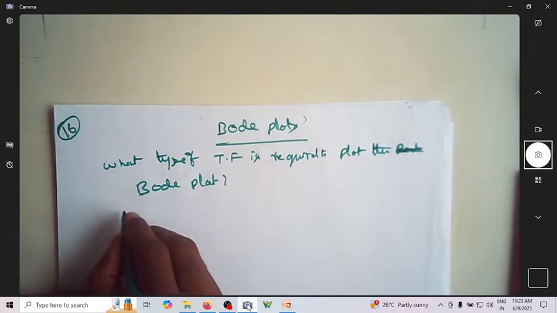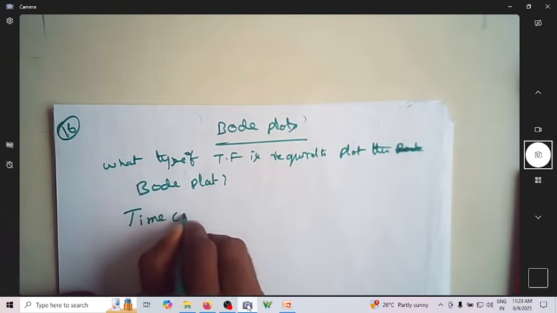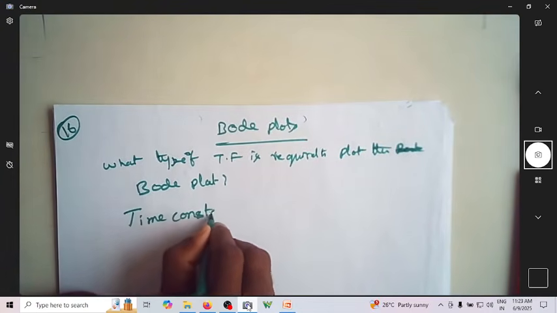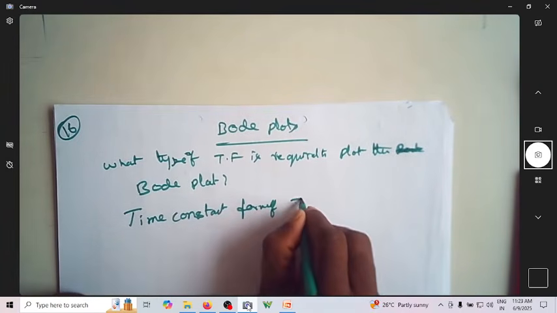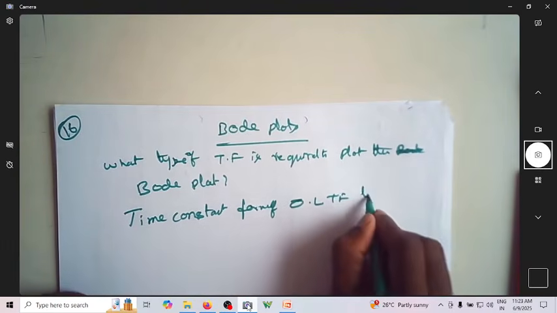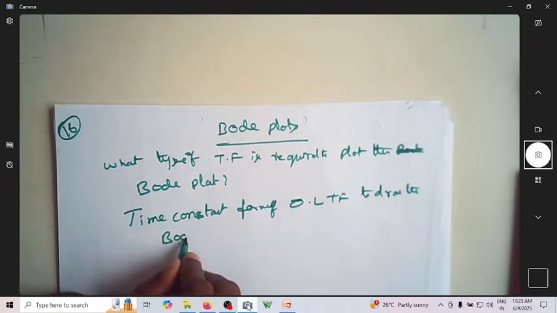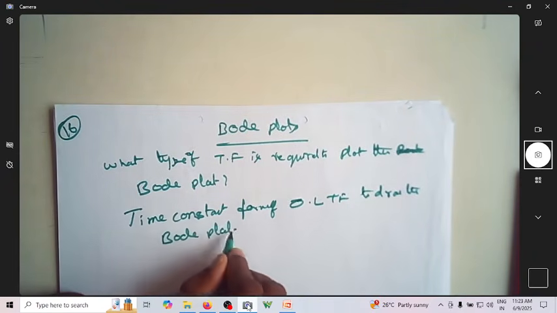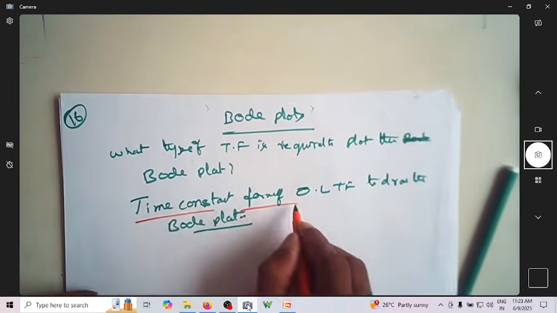Of course, we need the time constant form of the open loop transfer function to draw the Bode plot. Why this? What is this time constant form?